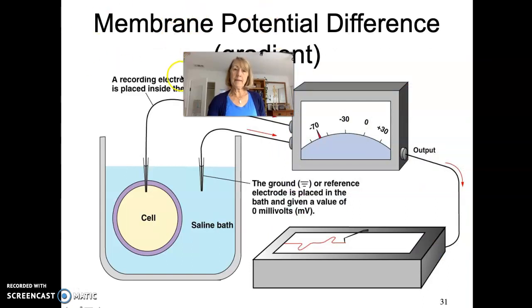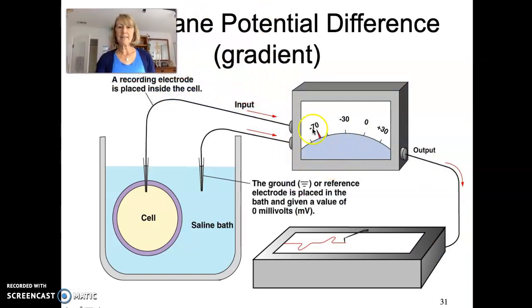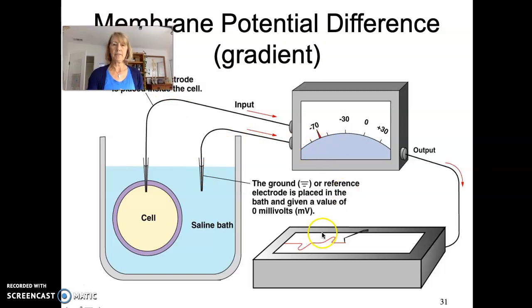Well, that is done, and all it takes is a probe. So if you had a cell in saline, you take a probe inside the cell and another probe on the outside where it's bathed, and you would want to see with a voltmeter, like you would if you go in the outlet, do I get a reading?